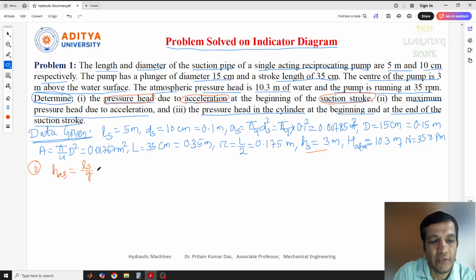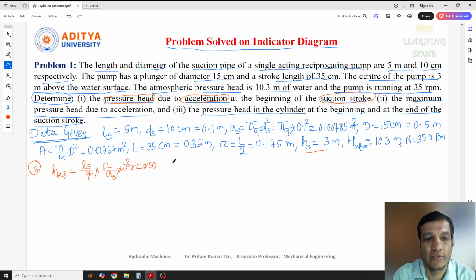And the formula for this is LS by g into capital A by small a s into omega square r, and this is cos theta. This is the formula. Now here actually the theta we need to see at the beginning of the suction stroke. So beginning of the suction stroke, theta value is 0, like the crank position.